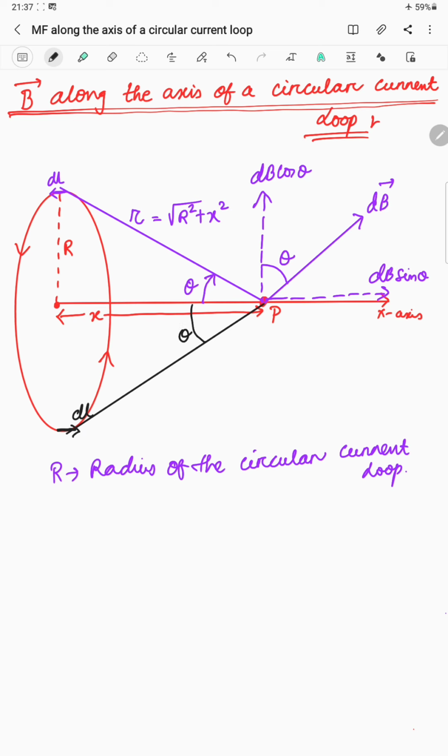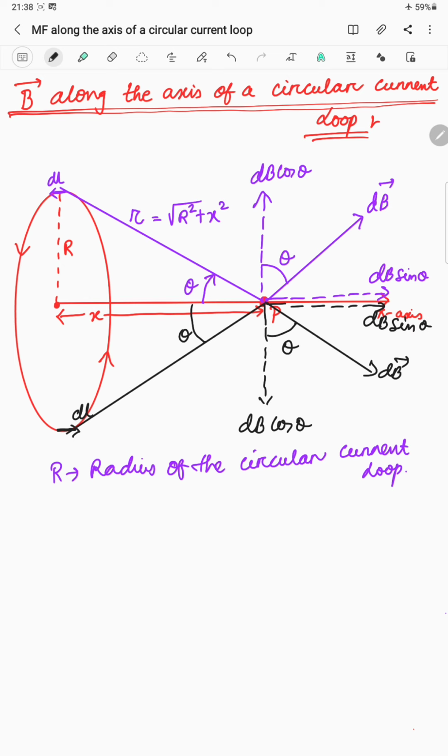Because of this current element dl, there will be a magnetic field, and the direction of the magnetic field will be along this. This dB can be resolved into two components, one along this, other one along this. If this angle is theta, this angle will also be theta. Then this will be dB cos theta, and this will be your dB sin theta.